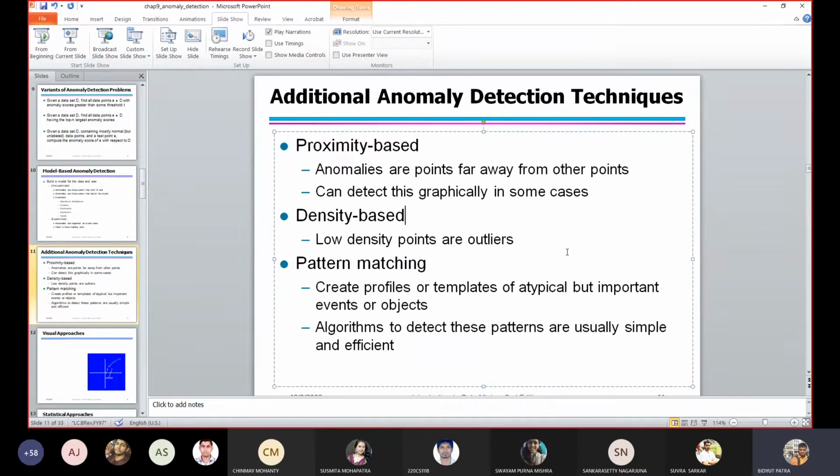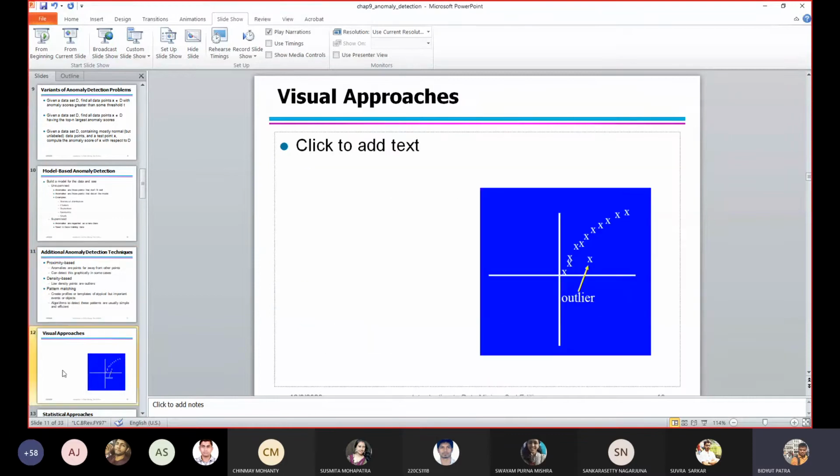So from that definition, one can conclude that outlier points are located in sparse regions. This is an outlier point because it is not following the pattern, and if you see the consecutive distance between the points, it is quite lower than the distance from this point to the other points. So this point is the outlier.